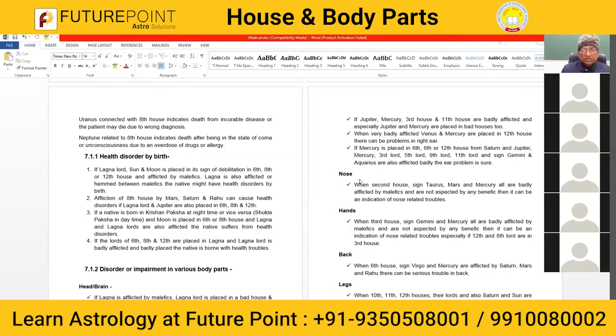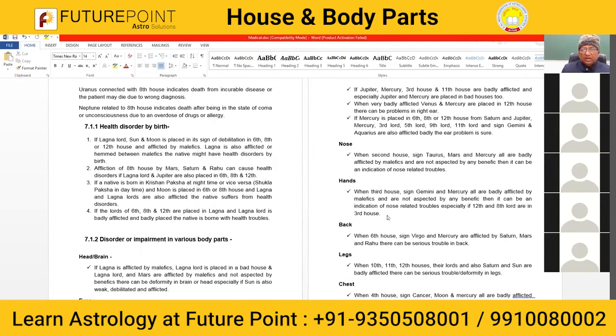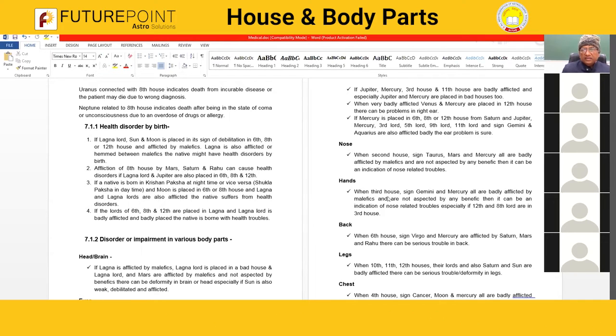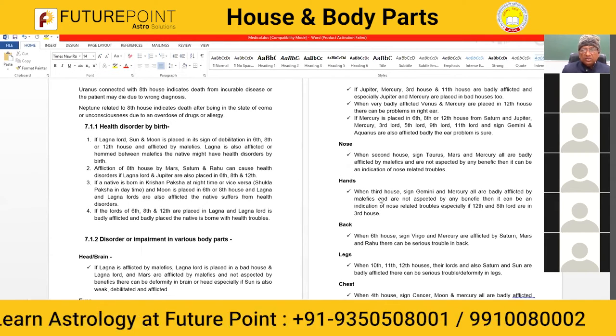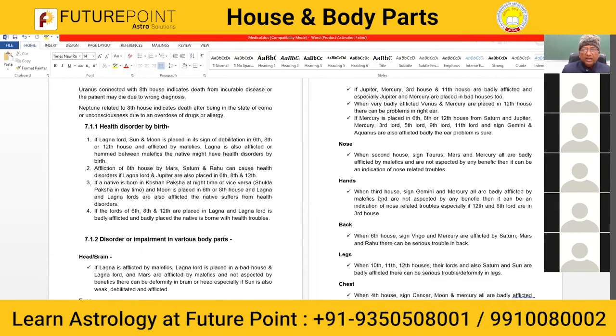Similarly, nose: 2nd house. This is correct. The 2nd house is for the nose, sign Taurus because the face is by Taurus, and if Mars and Mercury are badly afflicted by malefics, then we can say that nose troubles are there. Hands: 3rd house, sign Gemini.